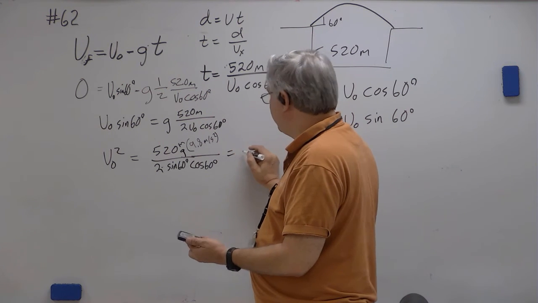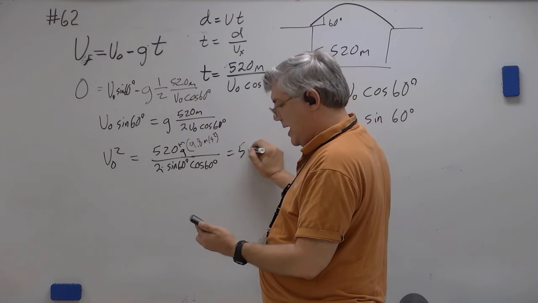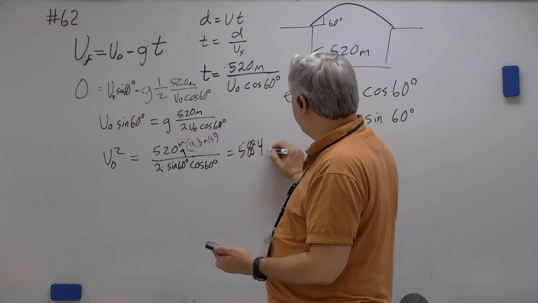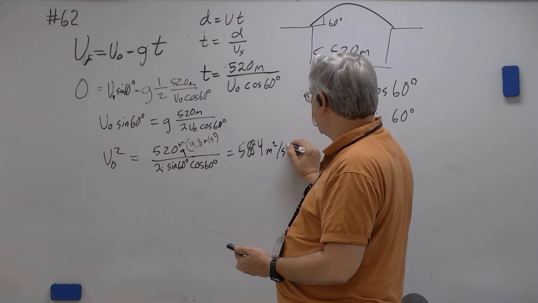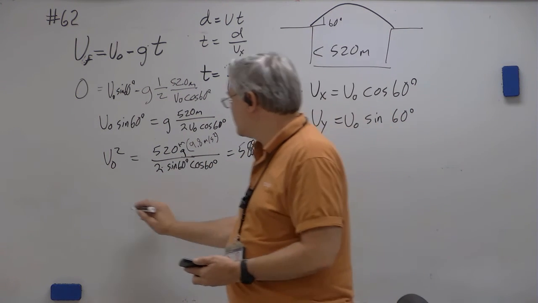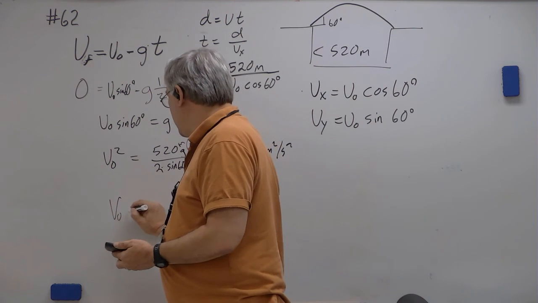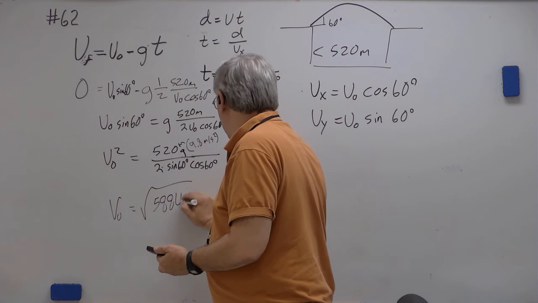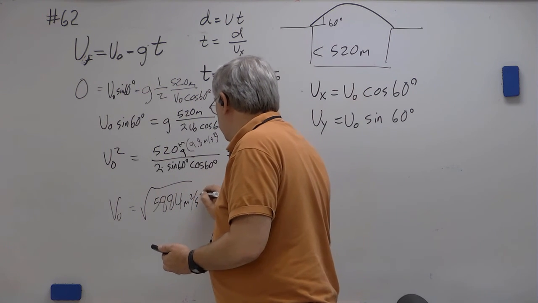And I get V naught squared is 5884, and this is meters squared per second squared, because meters per second squared times meters is meters squared per second squared. So I can take the square root, and V naught is equal to the square root of 5884 meters squared per second squared.